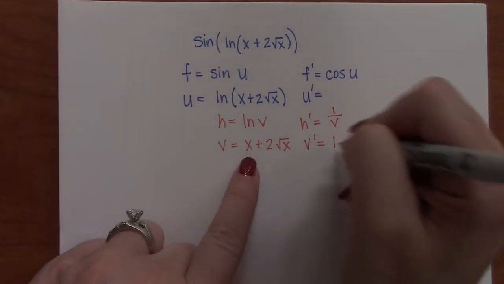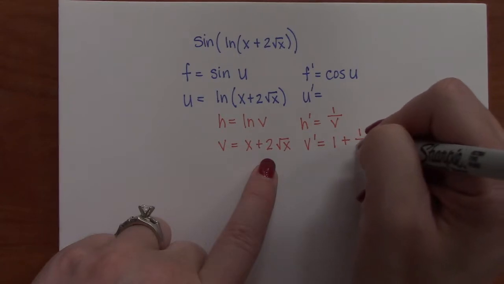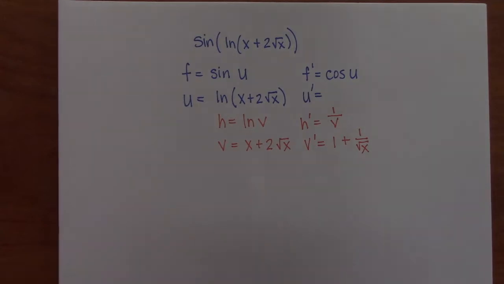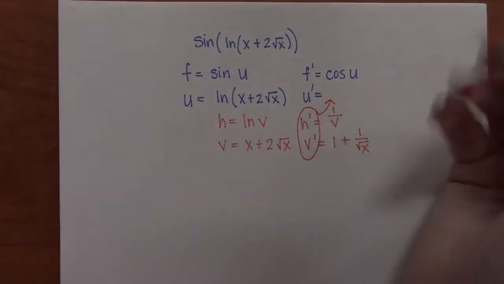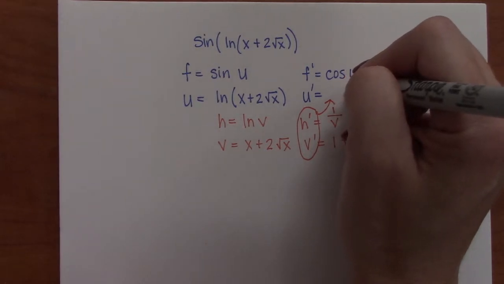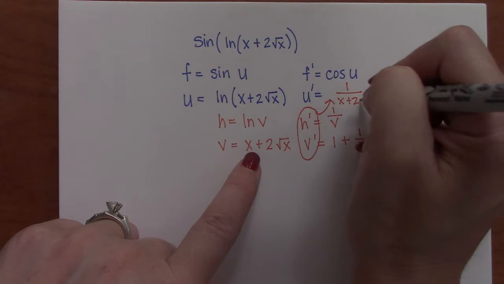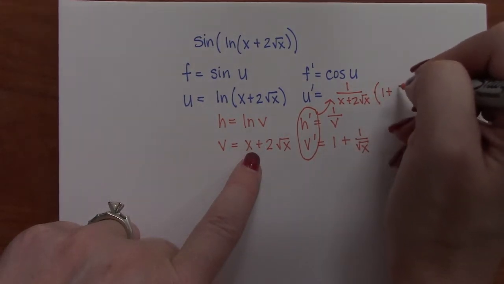The derivative of 2 root x is 1 over the square root of x, because it's 2x to the 1/2, and when I multiply the 2 by 1/2, I get 1, and then the negative 1/2 is what puts it in the denominator. So this times this gets me to here.